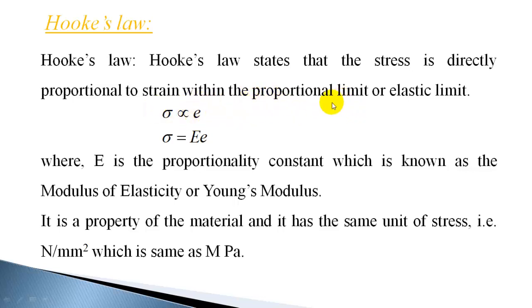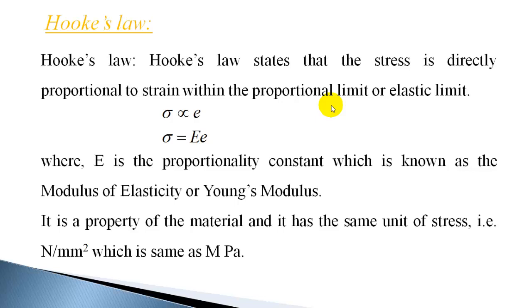Proportionality means if you take a bar and apply tensile force, and it elongates 1 mm when you apply 100 Newton load, and if you apply 200 Newton it elongates by 2 mm, and if you increase the load to 300 Newton it elongates by 3 mm, then the proportionality exists.